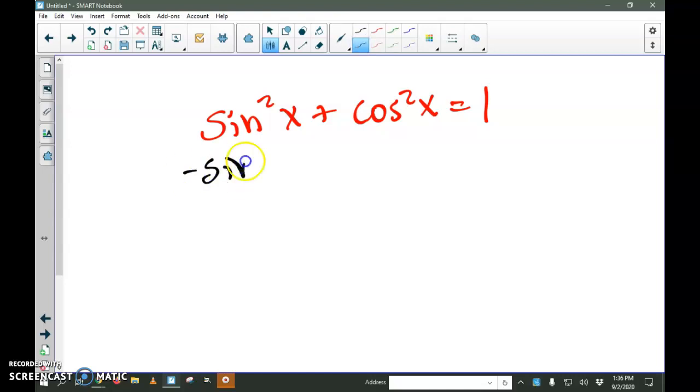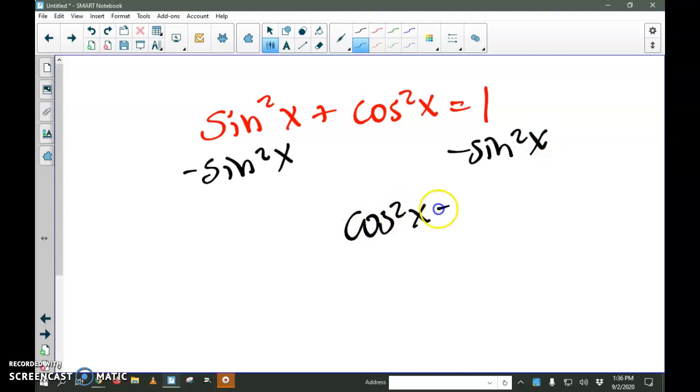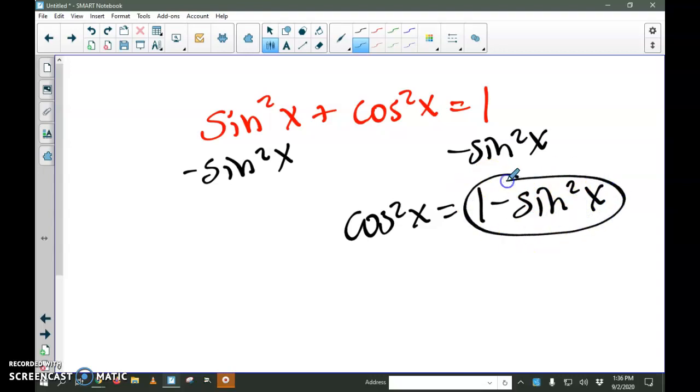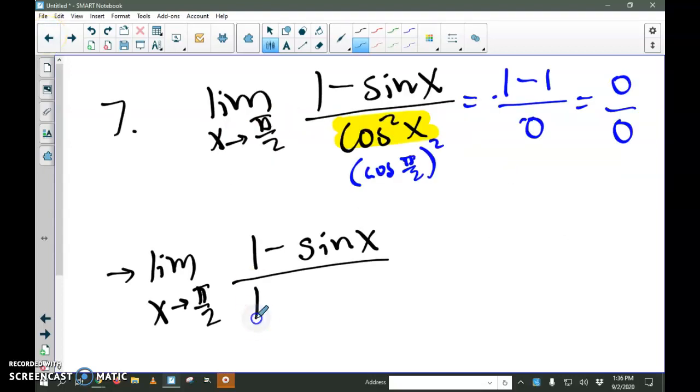So if I subtract sine squared x on both sides, I'm left with cosine squared x equals 1 minus sine squared x. That's my manipulation, and I'm going to replace cosine squared with 1 minus sine squared. If you need to pause the video and go back and rewatch that part, rewatch it. My idea here, though, is to use that Pythagorean identity so that I now at least have the same trig functions.